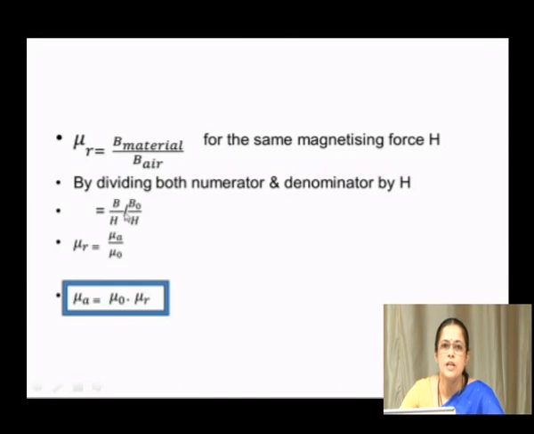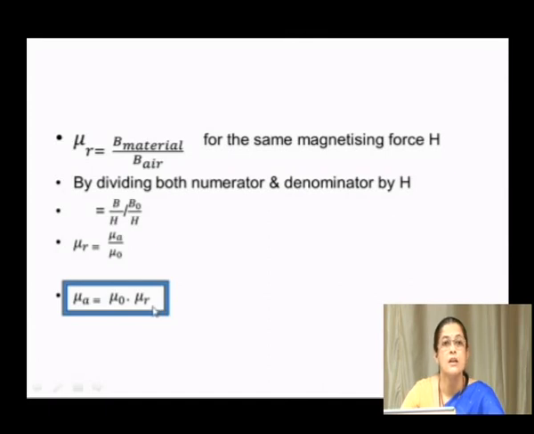So, B by H divided by B naught by H, when you simplify, you get the equation mu r is equal to mu A by mu naught. Therefore, mu A, which is absolute permeability, is given by mu naught into mu r.